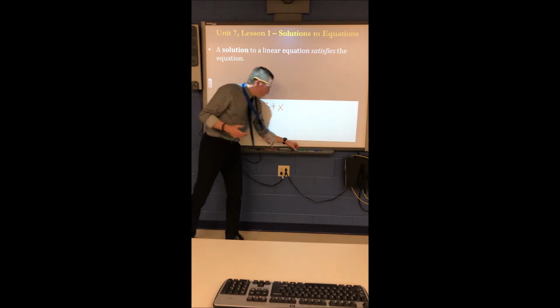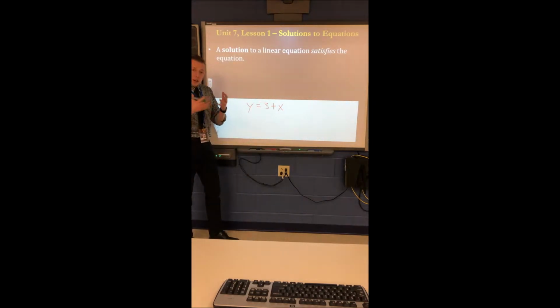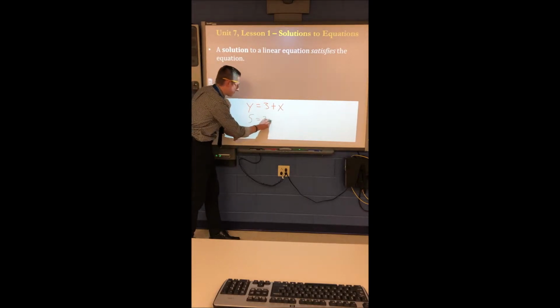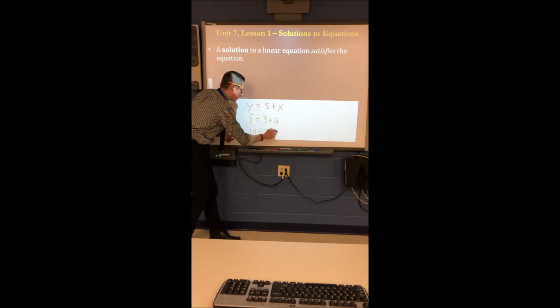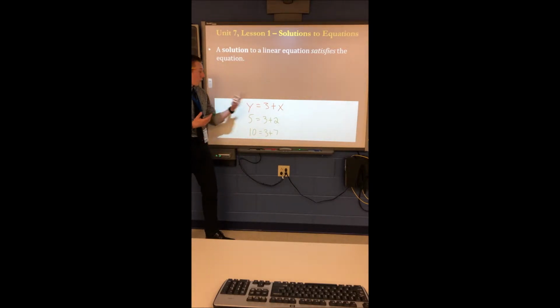Okay, there are an infinite number of solutions that satisfy this equation. For example, here's one. Our x value is 2, our y value is 5. Here's another one. Our x value is 7, and our y value is 10.